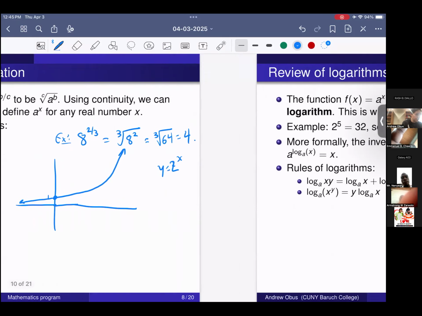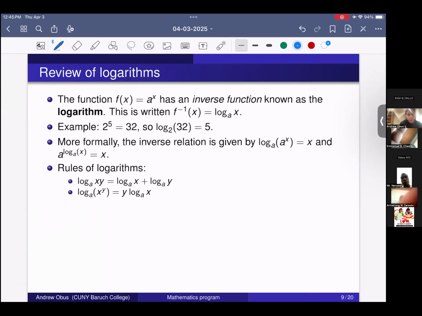And so now the exponents are familiar. What might be a little bit less familiar, although we've covered it in earlier iterations of the class, is logarithms. So if you have the function a to the x, it has an inverse function called a logarithm. The inverse function, we usually write f inverse of x, and this is written log to base a of x.